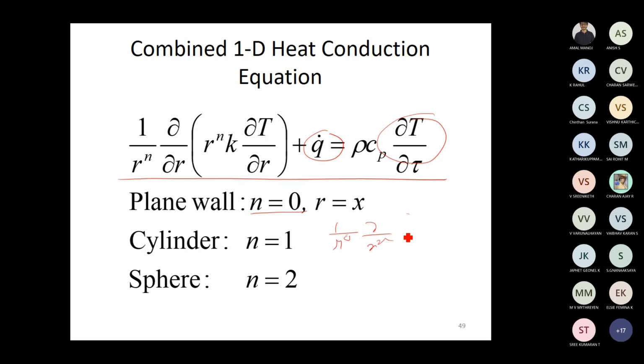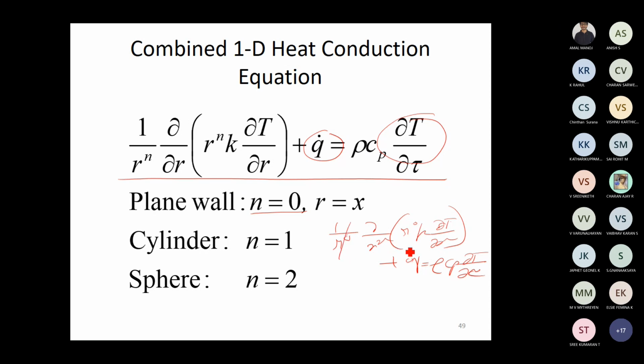of r power 0 k dou t by dou x, plus q dot is equal to rho Cp dou t by dou tau. Now 1 by r power 0 is 1, so this term will vanish.